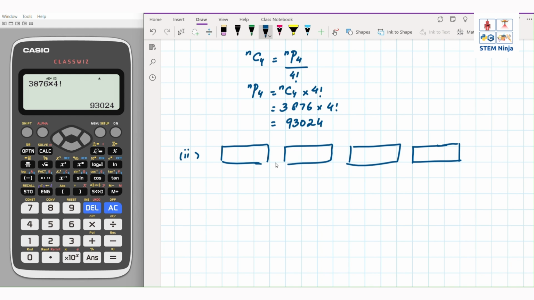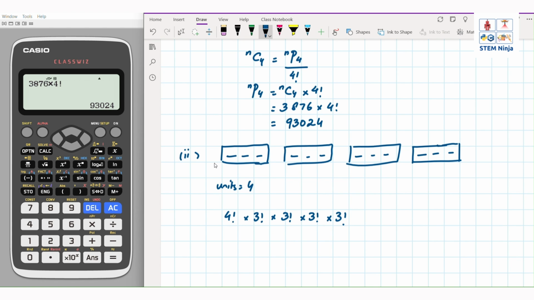Okay, so the units that we have are 4 basically, so 4 factorial, but inside we have 3 factorial, 3 factorial, 3 factorial, 3 factorial. So like this.